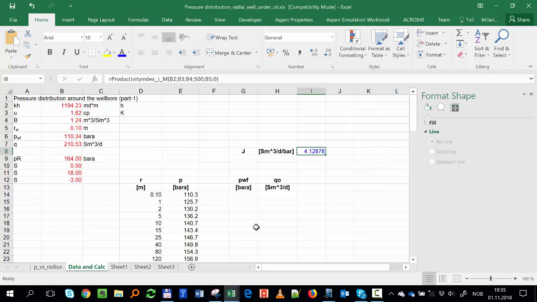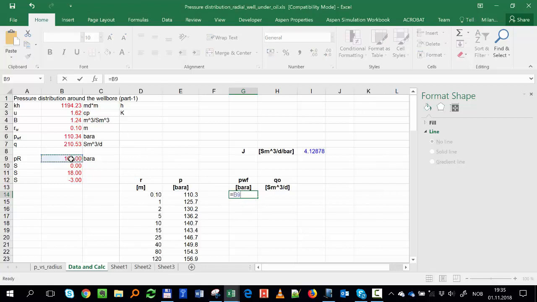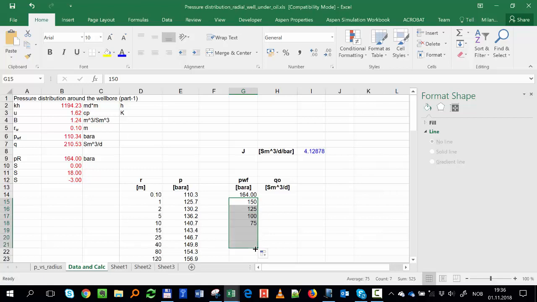Now to plot the IPR, I need PWF. And remember, PWF goes from reservoir pressure all the way down to 0. The reservoir pressure is 164. That will be my first point. Then I suggest we use 150, 125 maybe, and drag that down all the way to 0.